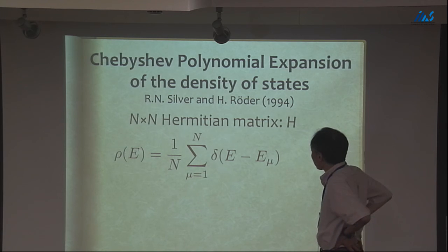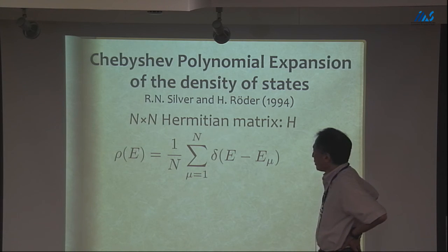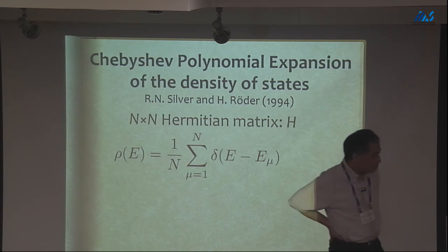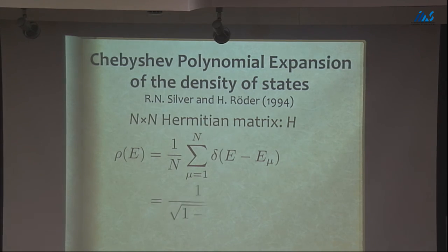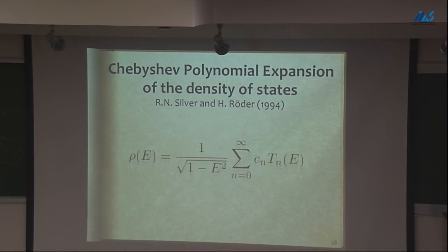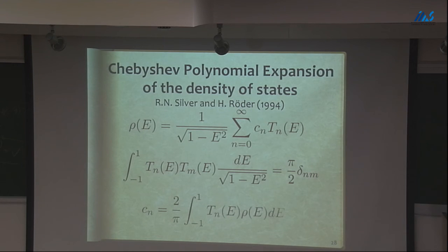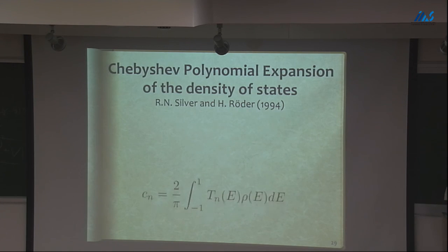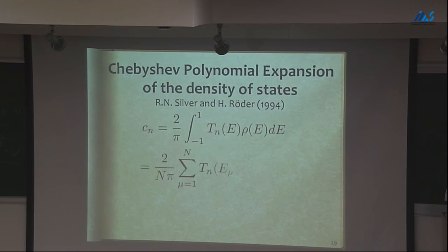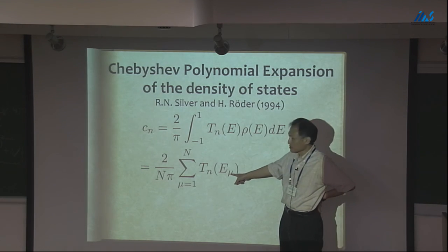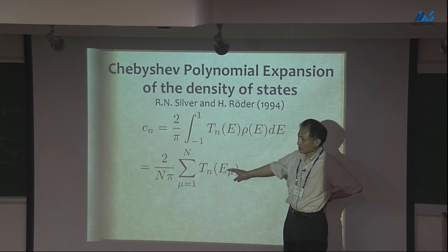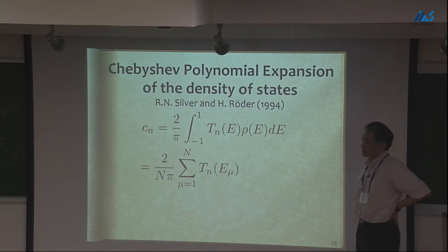How do you do the counting? You use your H, so the expansion coefficient looks like this. So if there's a degeneracy, you simply sum twice.